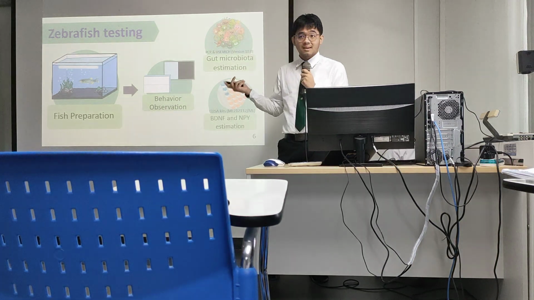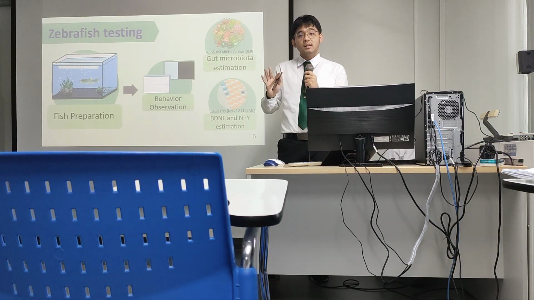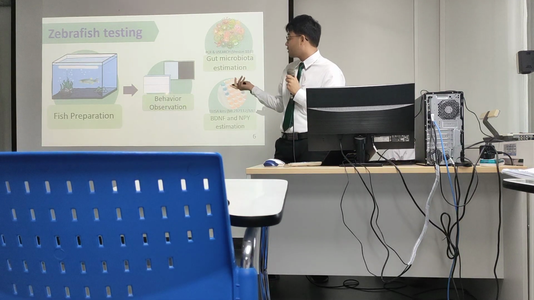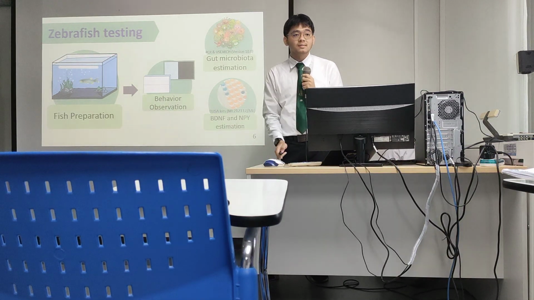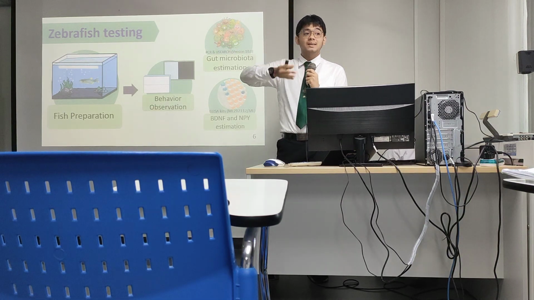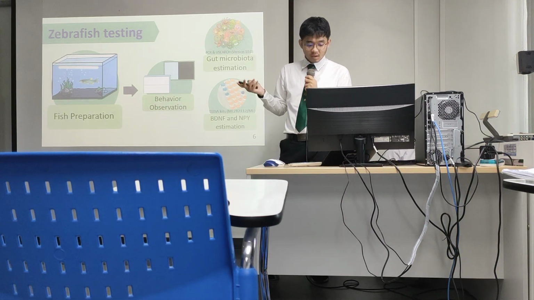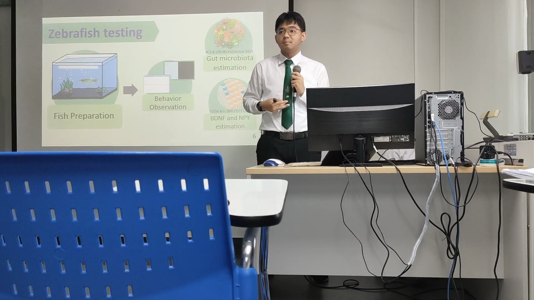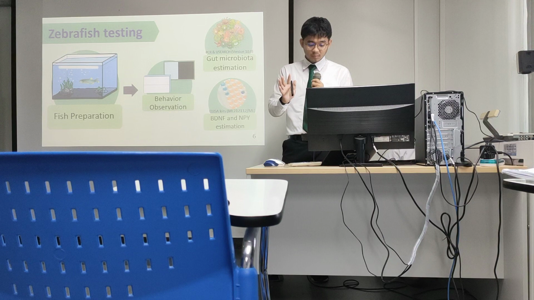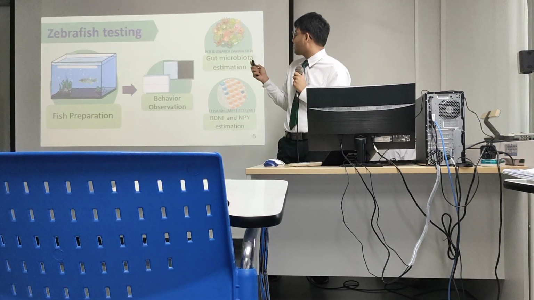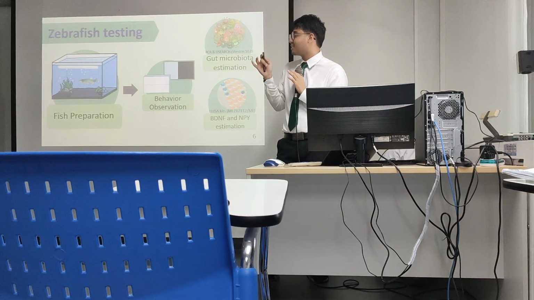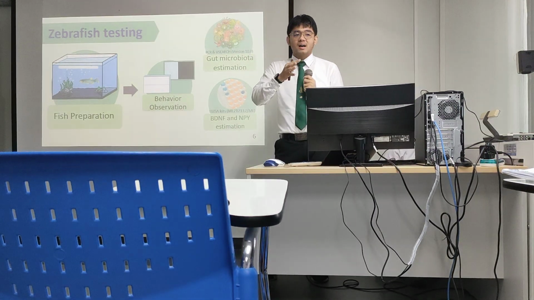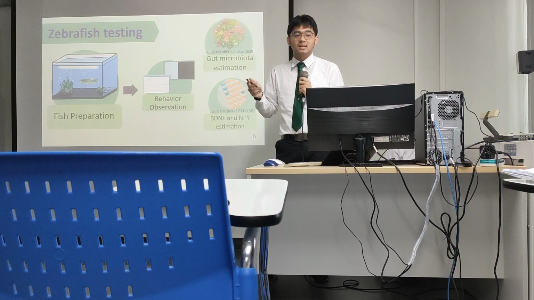This is the light-dark test. It observes the response in the light and dark zones in the tanks. The novel tank test observes the movement on the vertical side of the tank. Gut microbiota estimation is done by extracting the gut microbiota genomic DNA and using it to identify operational taxonomic units.